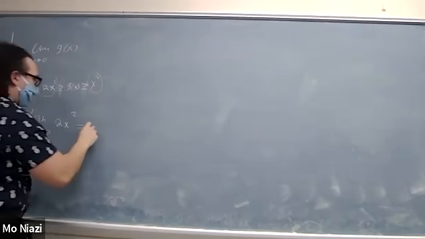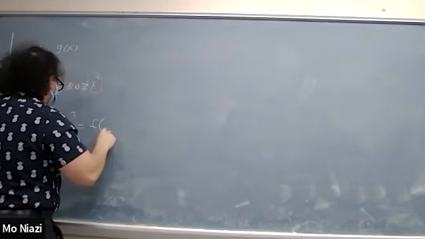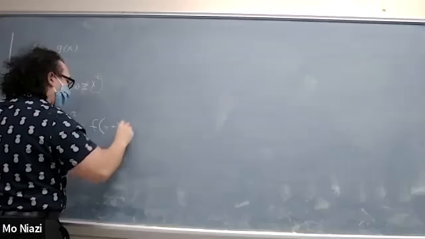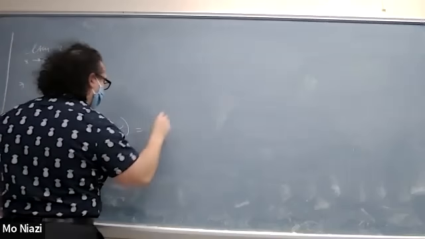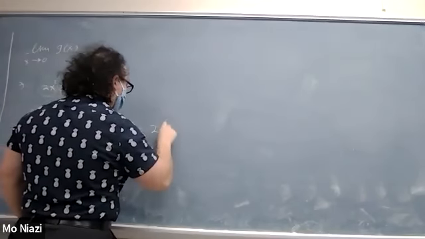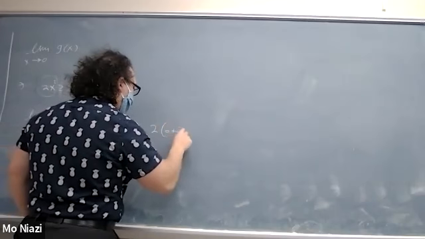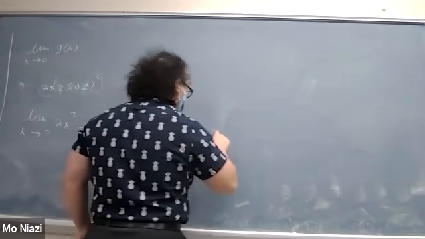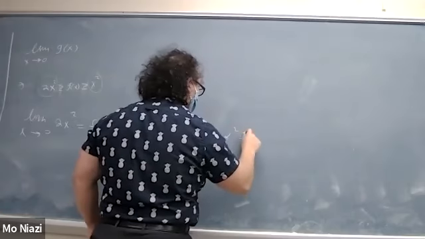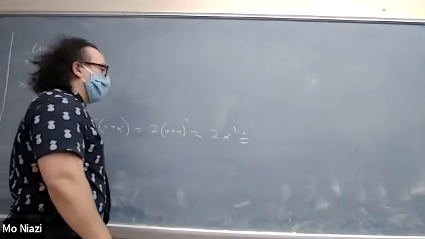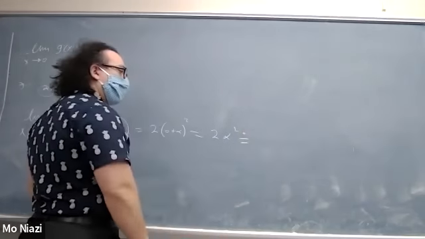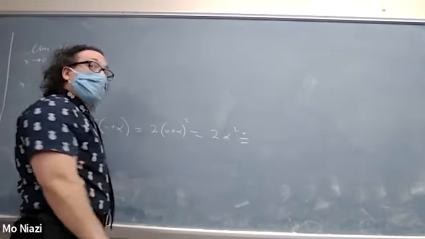This is the same thing as evaluating the function at 0 plus alpha, which is equal to 2 times alpha squared, which renders what real result?